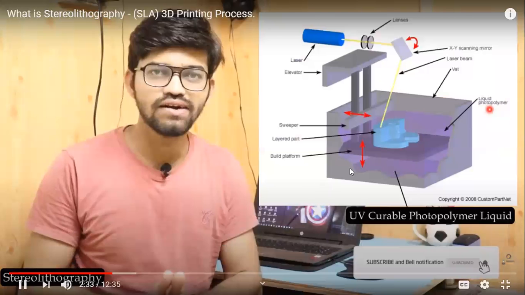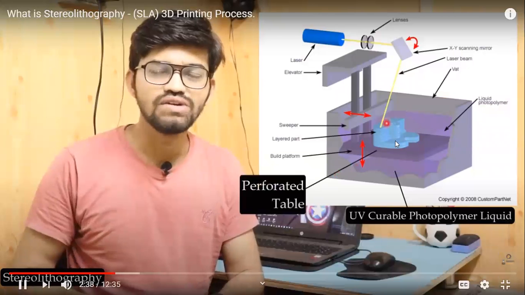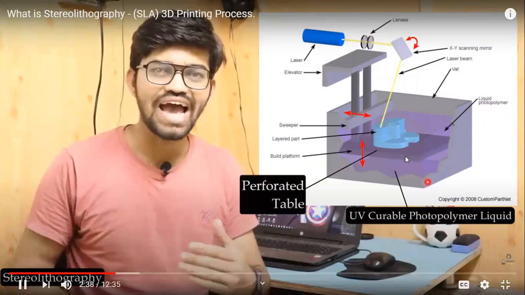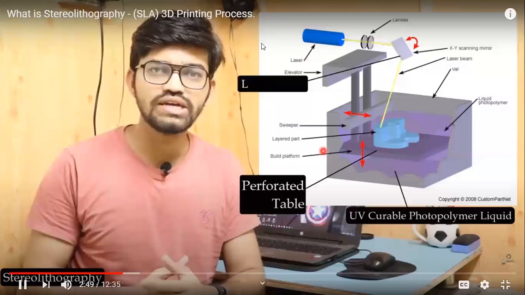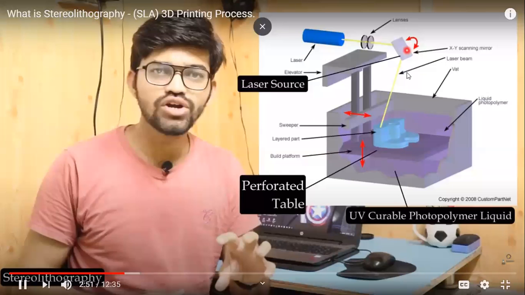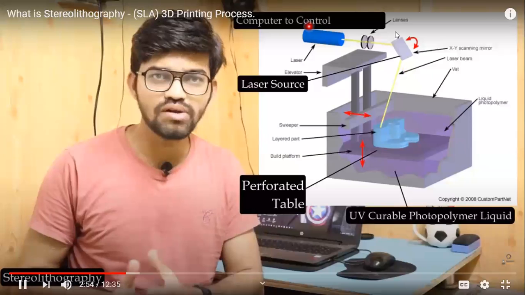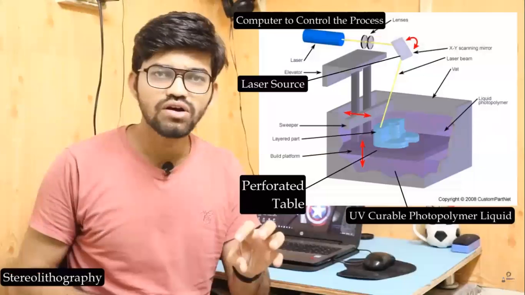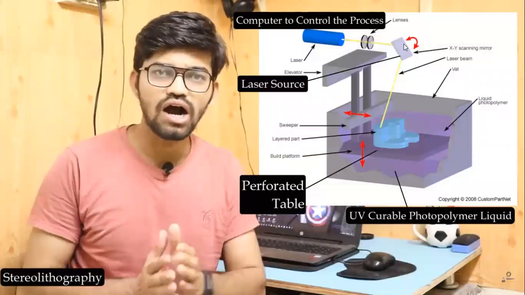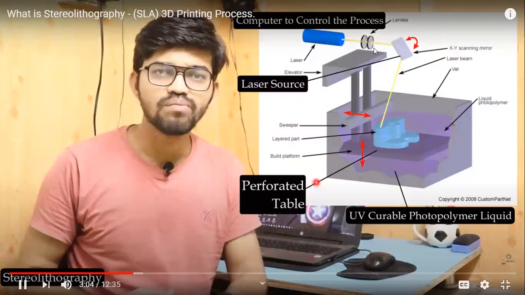The perforated table, which can move vertically up and down into that tank. Also there is a UV laser source, and a computer connected to the table and the UV laser. This computer controls the movement of the laser arm and the perforated table.